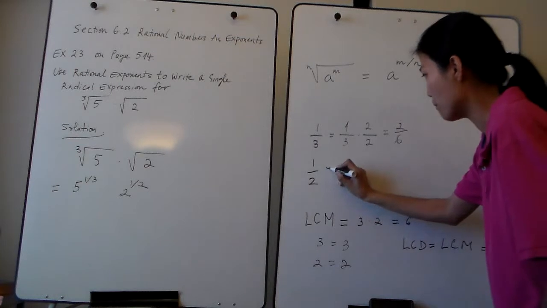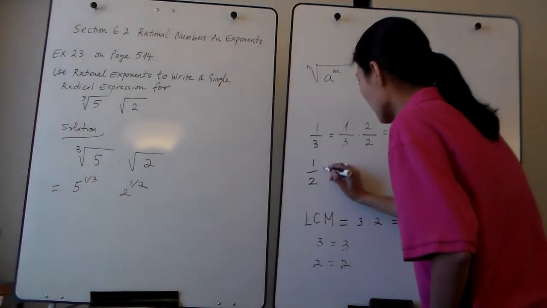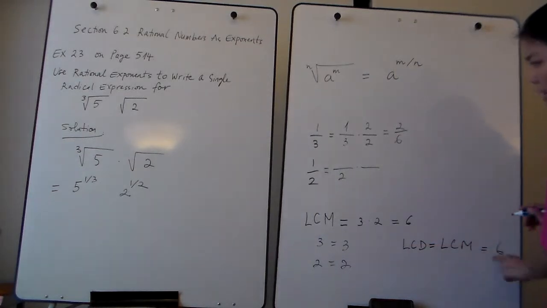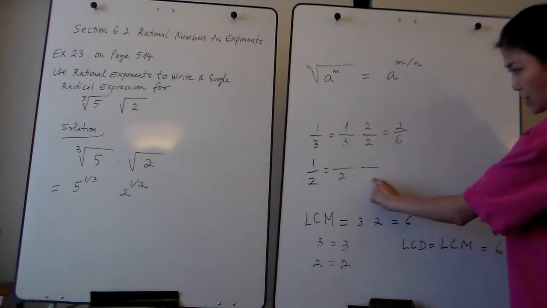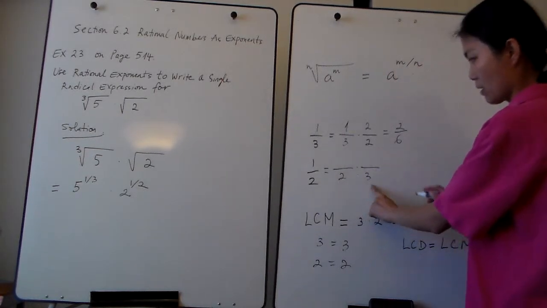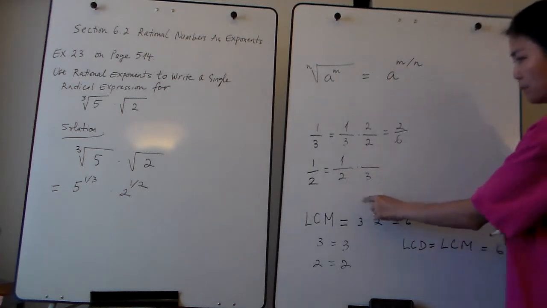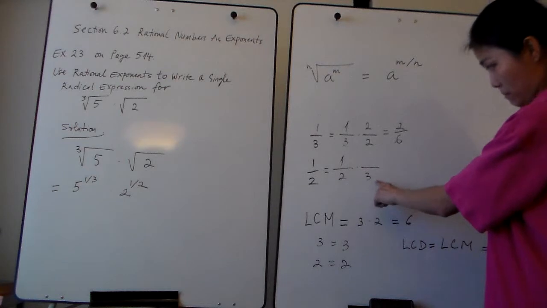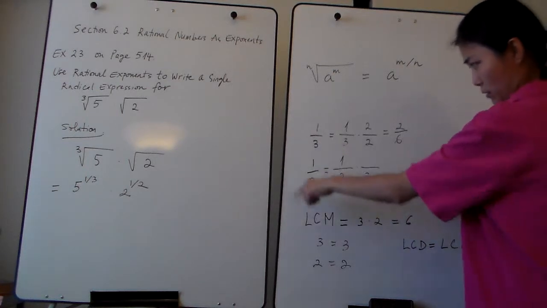Alright, how about 1/2? We want to have denominator 6. So 2 times what is 6? 3. So we have here 1/2, and multiplying the denominator by 3, we have 6. If we do that, we change this 1/2.